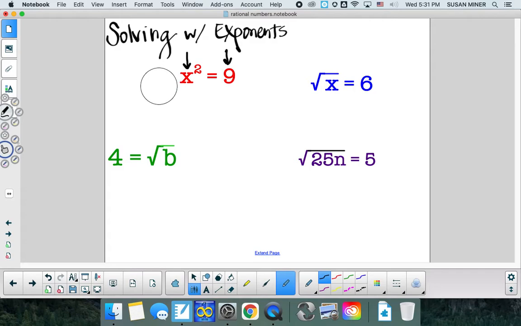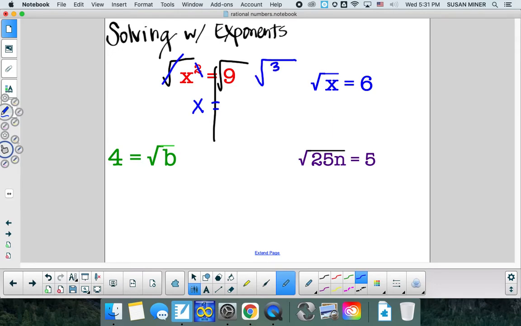And let's just solve this the way we normally would, right? What I want to do is take the square root of both sides. And so the square root of x squared, that's going to cancel with that and leave me with x. And then over here, if I'm going to take the square root of 9, I'm going to get my factors of 3. There's my group of 2. So my square root is 3.